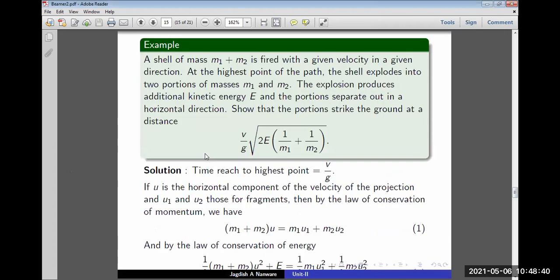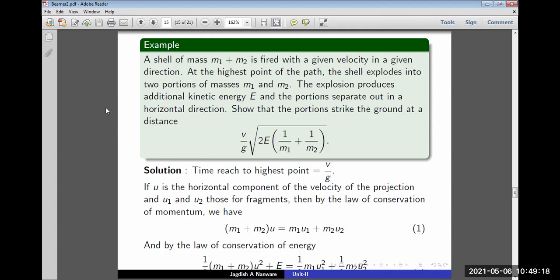A shell of mass m1 plus m2 is fired with a given velocity in a given direction. So there is no restriction on direction over here. At the highest point of the path, the shell explodes into two portions of masses m1 and m2.